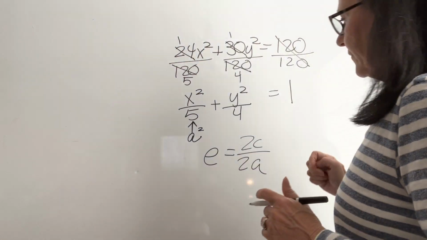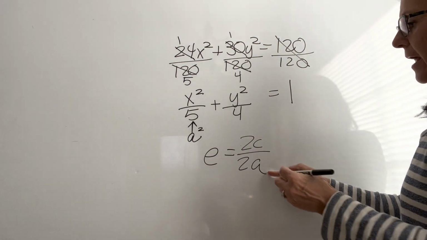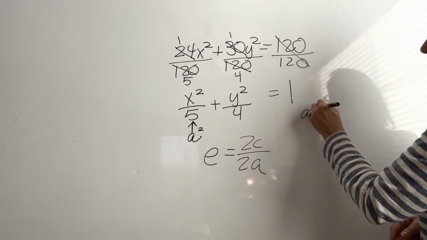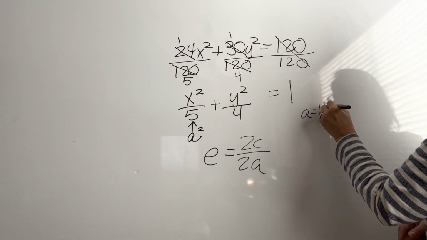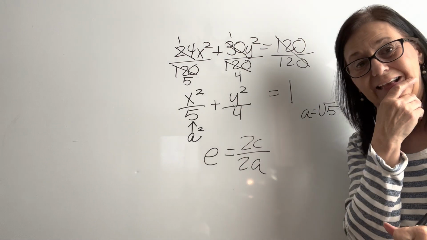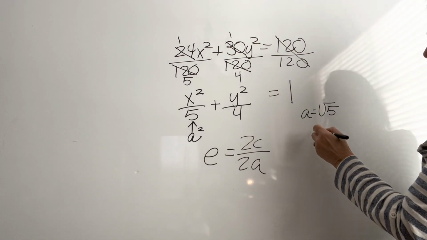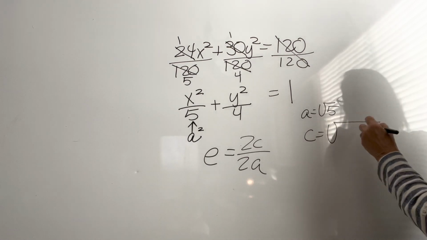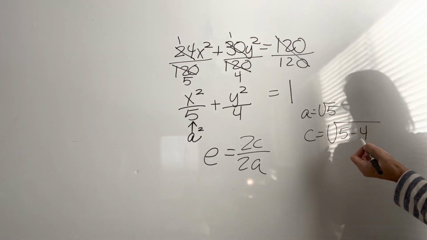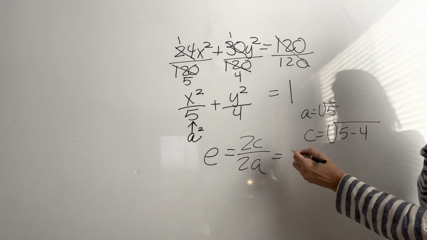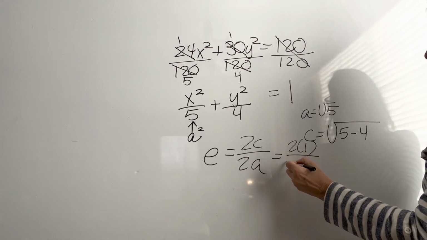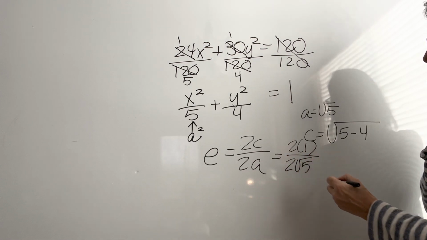Nope, that's right. So the value of a is going to be the square root of 5. Now, c, because it's plus, it's going to be minus. So c is going to be the square root of a squared minus b squared. That's just 1. So it's going to be 2 times 1 over 2 times square root of 5.